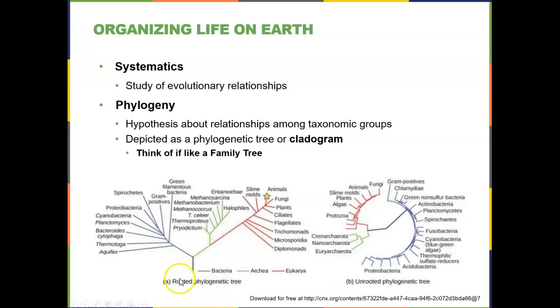So from this, we can see that there is a common ancestor. Now, in this unrooted phylogenetic tree, we show relationships, like how close groups of organisms are, but there's no identified beginning to the relationships. Is one better than the other? No, they're just different ways to represent the same kind of information.